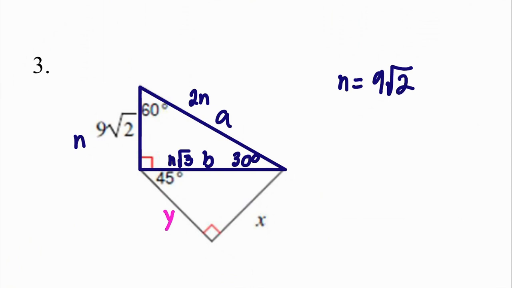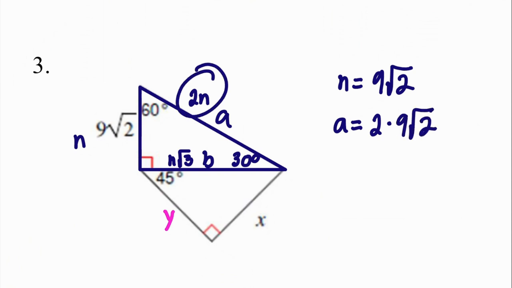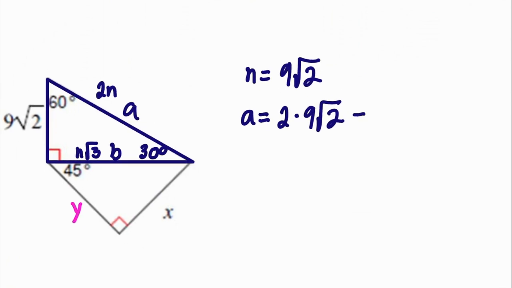So to get a, what we need to do is take that 9 square root 2 and multiply it by 2, because we're doing 2n. When we're multiplying these, we can only do outside numbers with outside numbers and inside numbers with inside numbers. So we'll just do 2 times 9, which is 18, and then that square root 2 would just stay there.